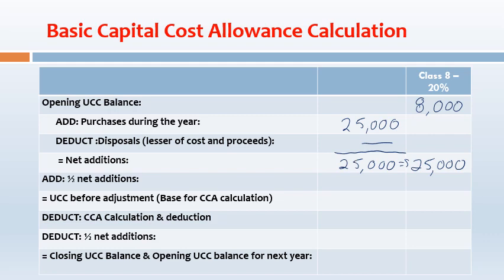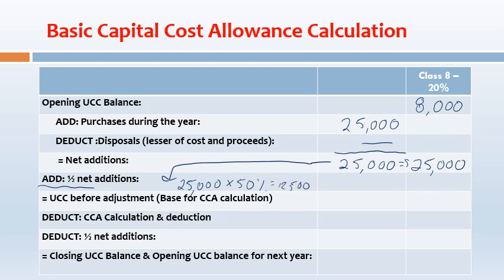Now, in order to calculate my deduction for the year, what I need to do in the year of acquisition, or purchase, addition, whatever you want to call it, is add in 1/2 of those net additions. So I'll take my net additions of $25,000 and multiply by 50%, and that equals $12,500.